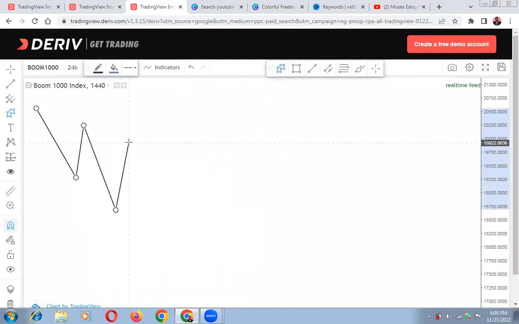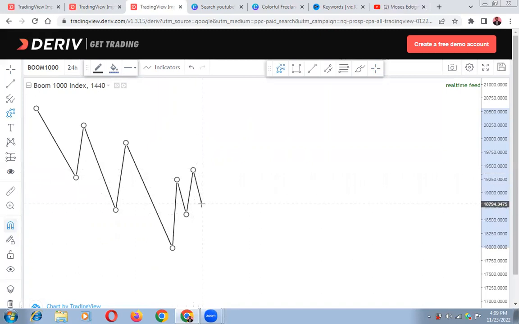Price comes and gives us a lower low. These are on smaller time frame.